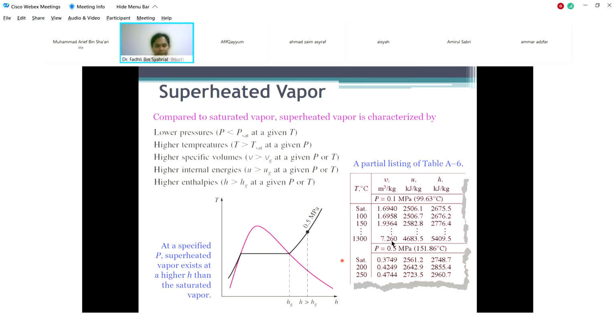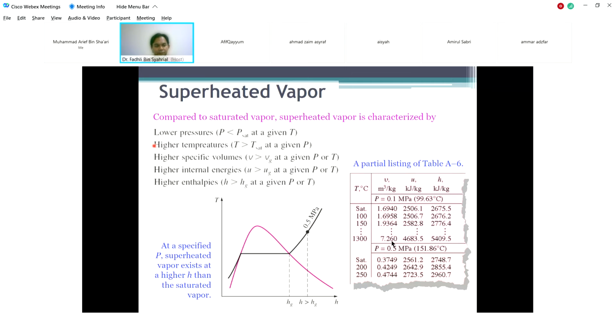For example, here we have the TV diagram or TH. TV or TH are the same. The constant pressure line is 8.5 megapascal.